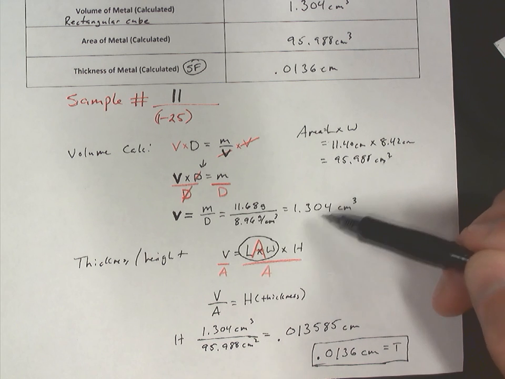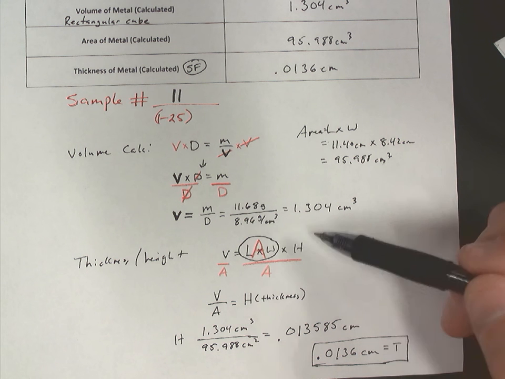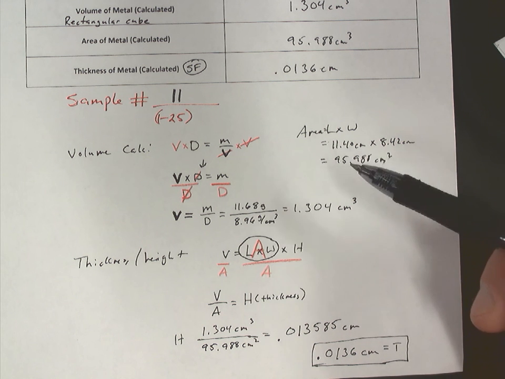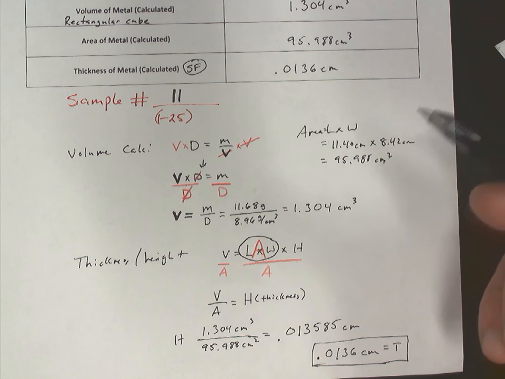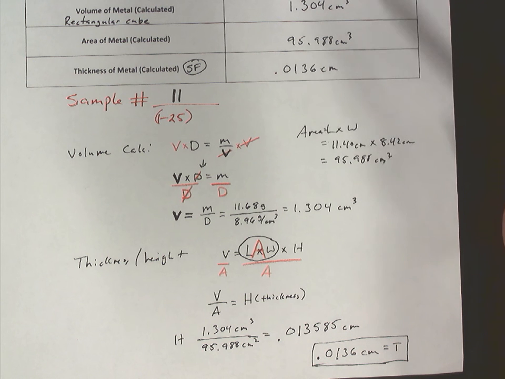After we found volume, we used the volume equation to find our thickness. If it's a cylinder, you're going to use it to find radius and then diameter. And we used things that were measurable, mass, density, length, width, to find something that was immeasurable, which was the thickness.